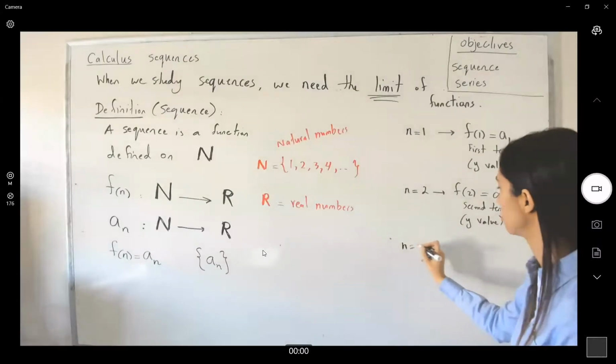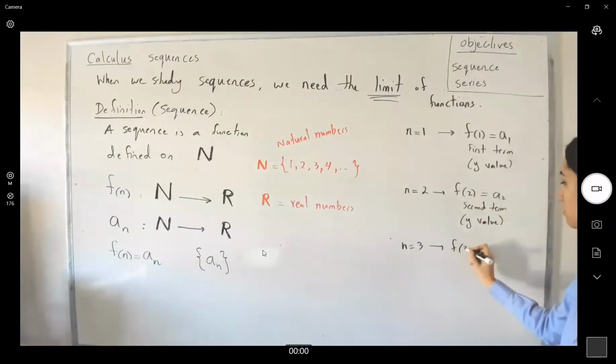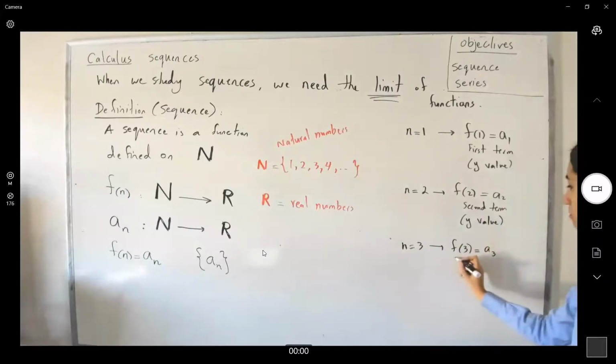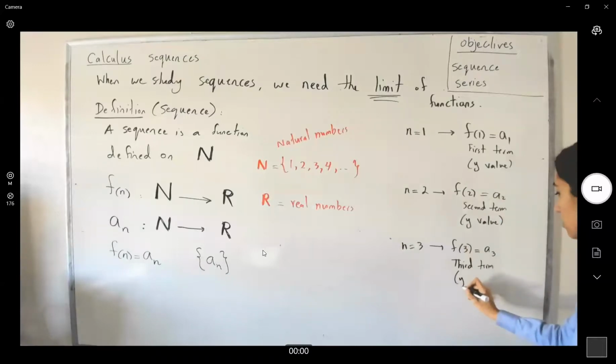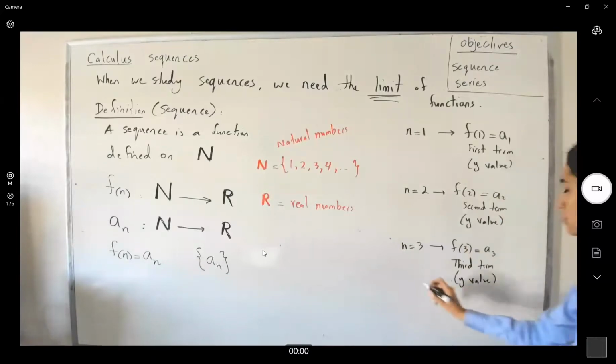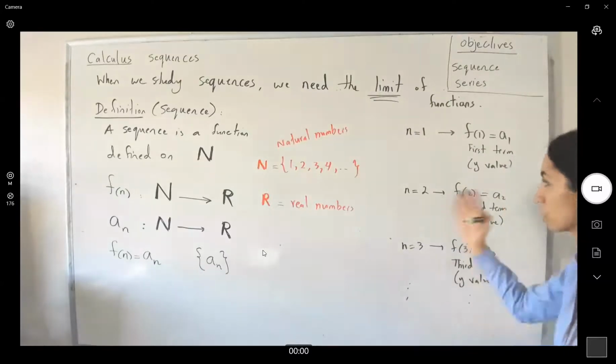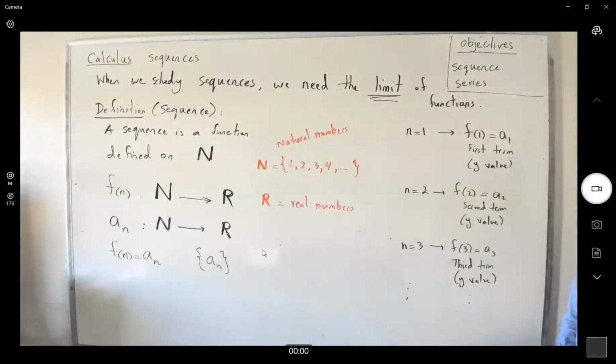Then n is equal to 3, we get f of 3, a sub 3, the third term. Another y value for you, and you continue this process. These are the terms of your sequence.